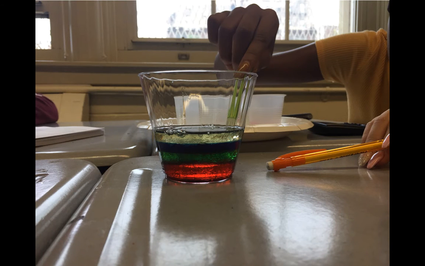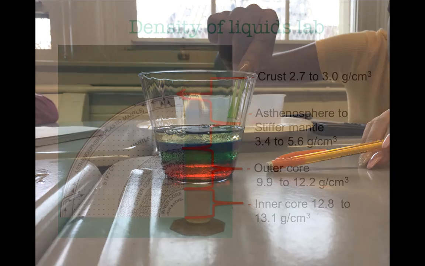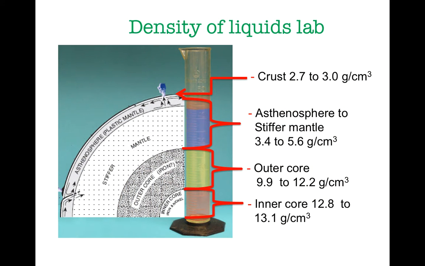So we had a density of liquids lab earlier in this unit, and really what it was trying to show is a model of how the Earth is layered, with the inner core as the most dense material, which was our corn syrup. The outer core was analogous to dishwashing liquid. The asthenosphere, stiffer mantle, was then water, and the crust is then the vegetable oil that we used.